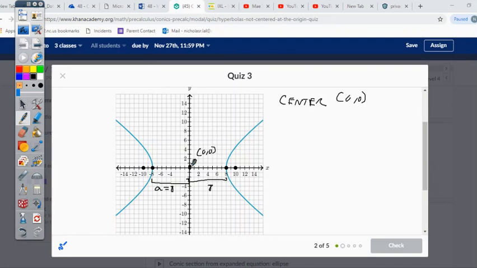The middle is going to be at 0, 0 right here. The center is going to fall on the axis of symmetry and be in between the two vertices. So the center is 0, 0. a is equal to 8. We can see based on where the axis of symmetry is that this is a horizontal hyperbola.